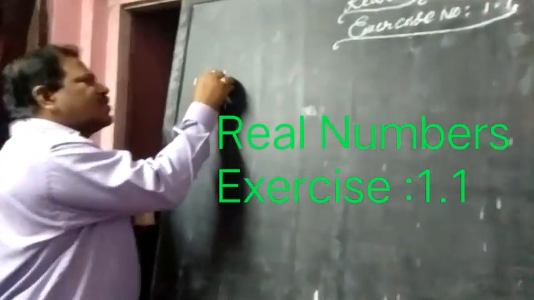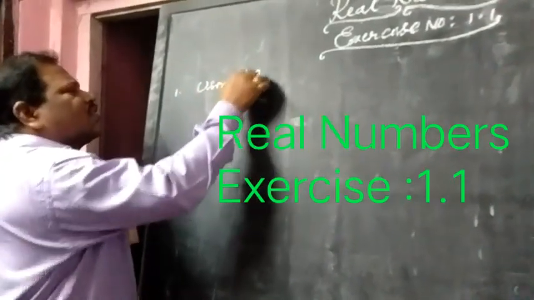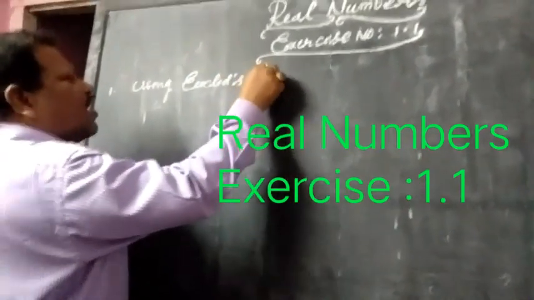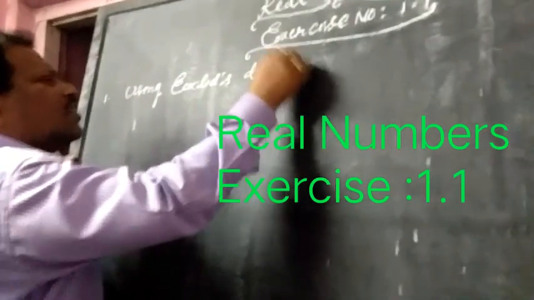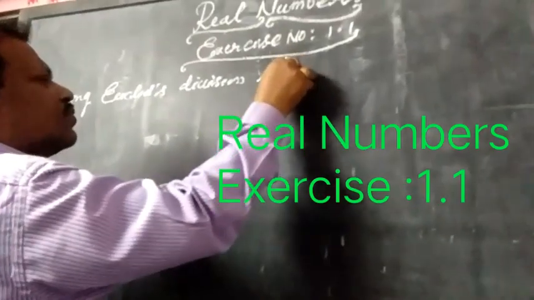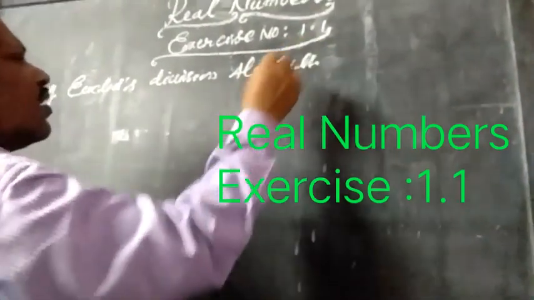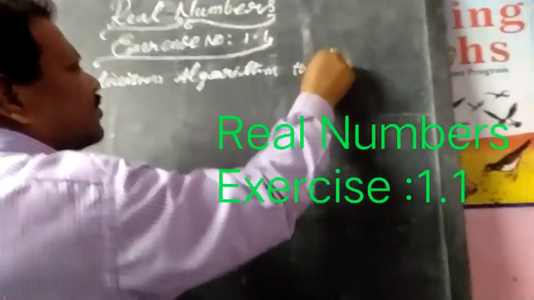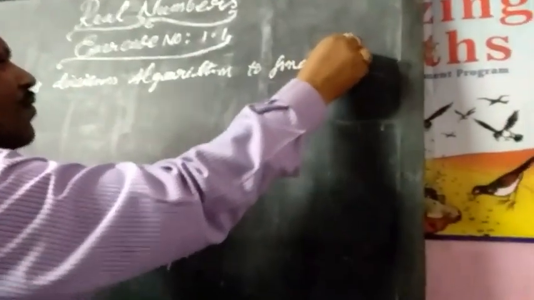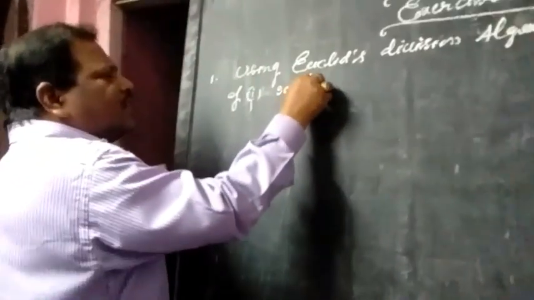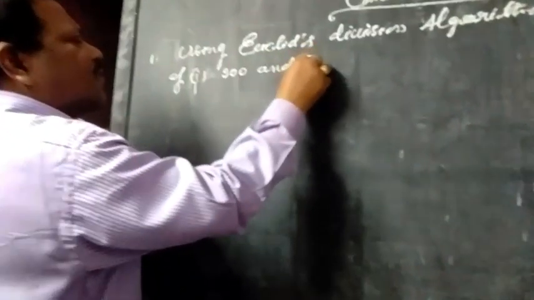First sum. Using Euclid's division lemma, division algorithm, to find the HCF of: first sum, 900 and 270.